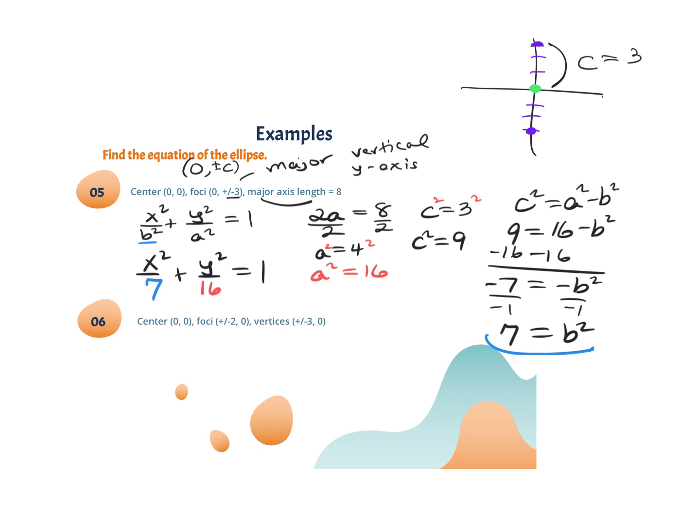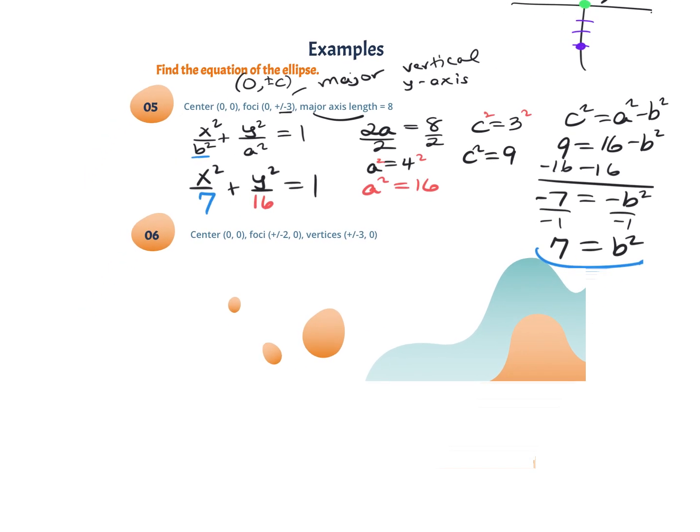So let's try the next one. Again, still the center at 0, 0. And notice this time in my focus point, this number is in the x spot. So this tells me my major axis is going to be the x-axis. So it's horizontal.